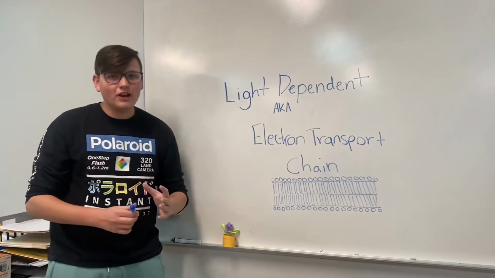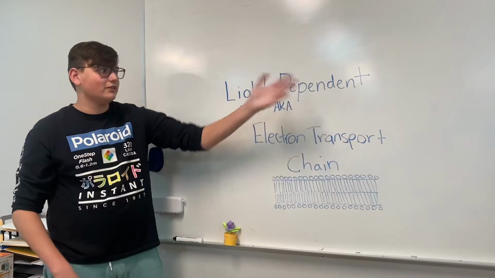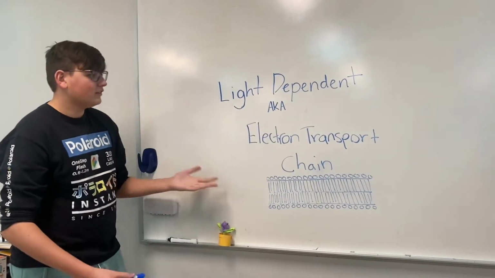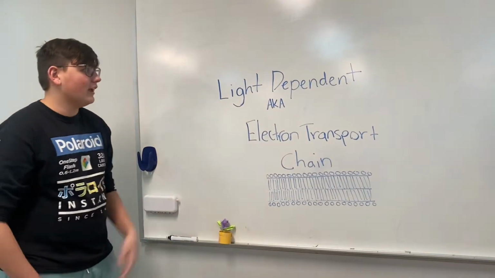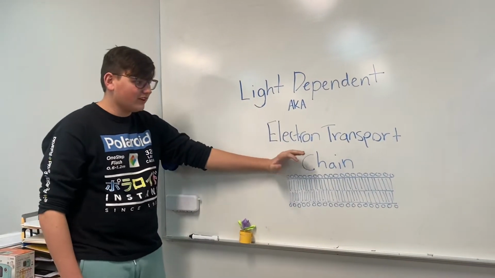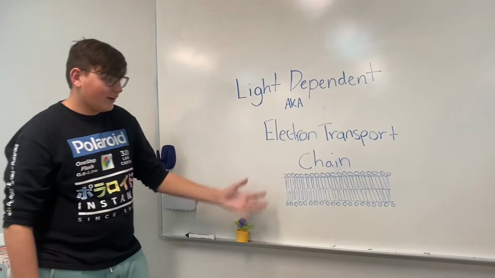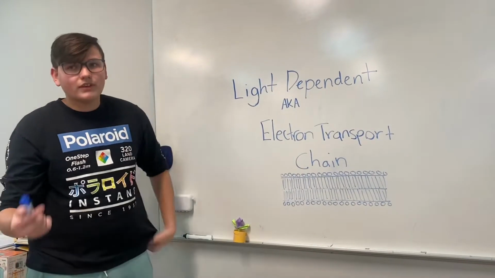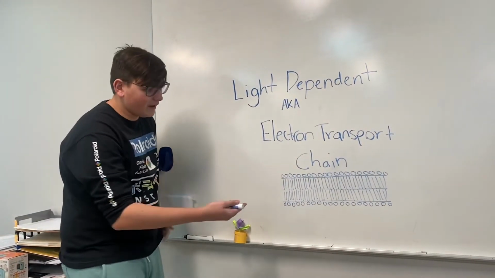Okay, so we just talked about what photosynthesis is and how there are two parts to the whole thing. And this is the first part, which is light-dependent reaction, aka electron transport chain. And this is a drawing of it. And it's also called a phospholipid bilayer.